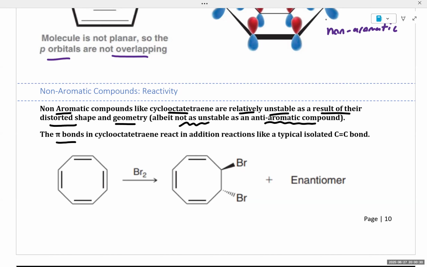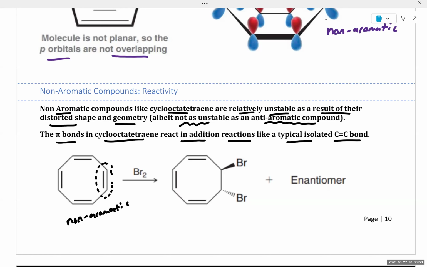The pi bonds in cyclooctatetraene react in addition reactions like a typical isolated carbon-carbon bond. So you can think of the pi bonds in a non-aromatic compound just like any other garden variety alkene pi bond. It reacts in all of the same alkene reactions without anything special.